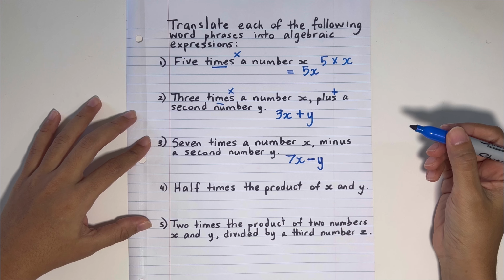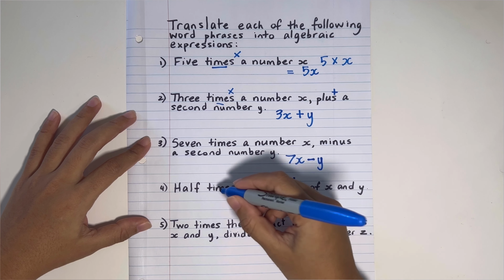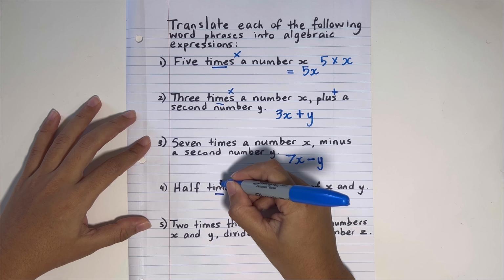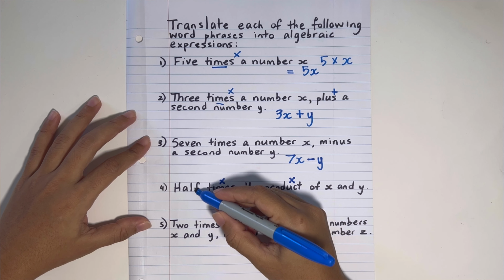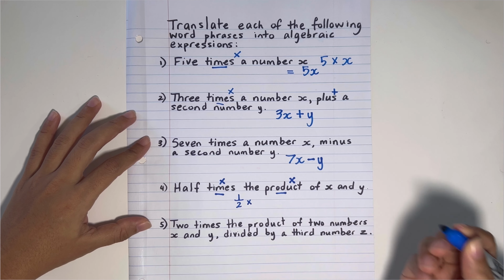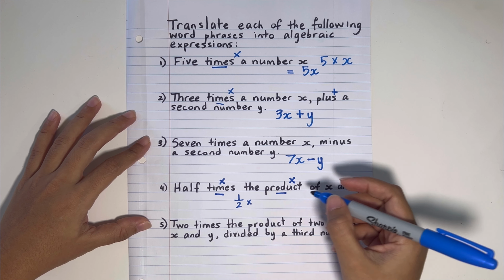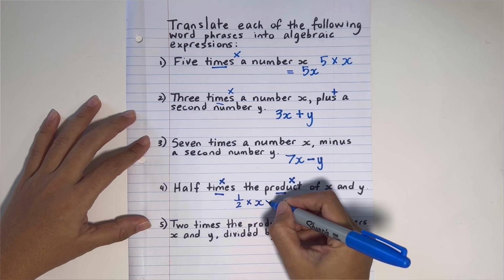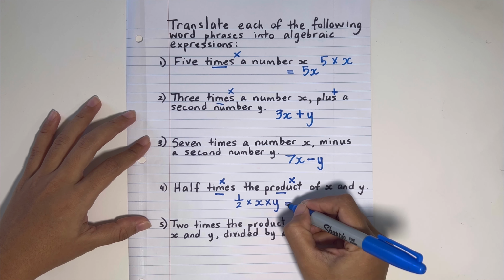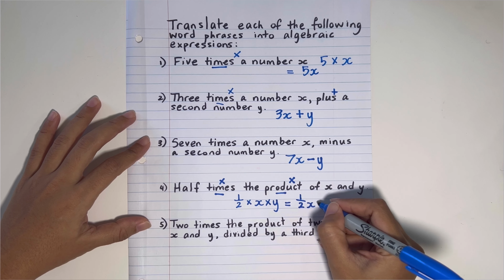So let's just recall that product means to multiply. Times also means to multiply. So half, which is 1 over 2, times, multiply, the product of x and y. Well, the product of x and y would be x times y. So this would give us 1/2 xy.